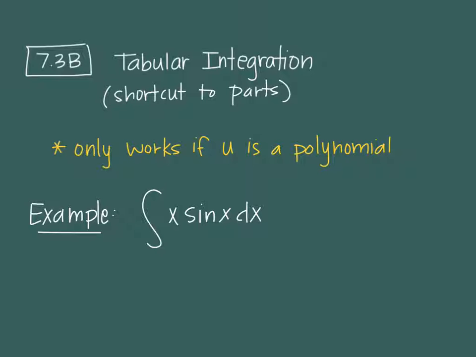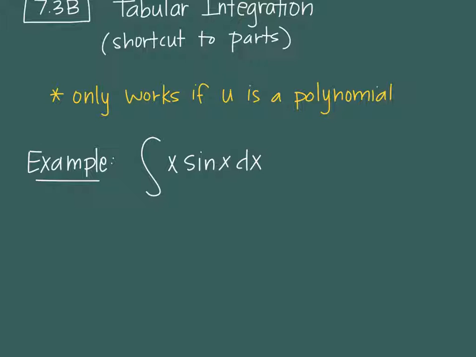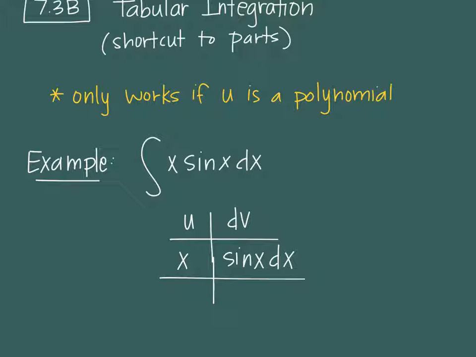Tabular integration comes from the word table, and we set it up like a table. So you have your U choice, and you have your dv. U is chosen to be x, dv is chosen to be sine x dx. Then you extend the table in a vertical direction.